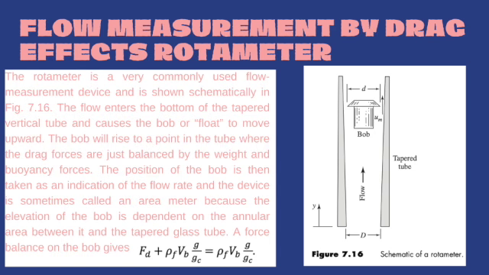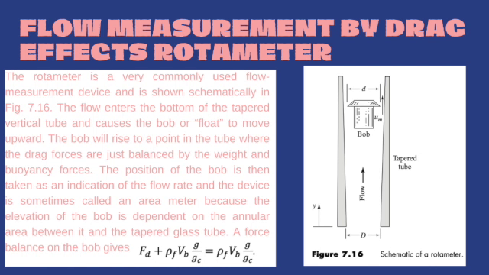So in this part of the work, we're going to show the flow measurement by drag effect rotameter. The rotameter is very commonly used for flow measurement devices, and is shown in the schematic in figure 7.16.